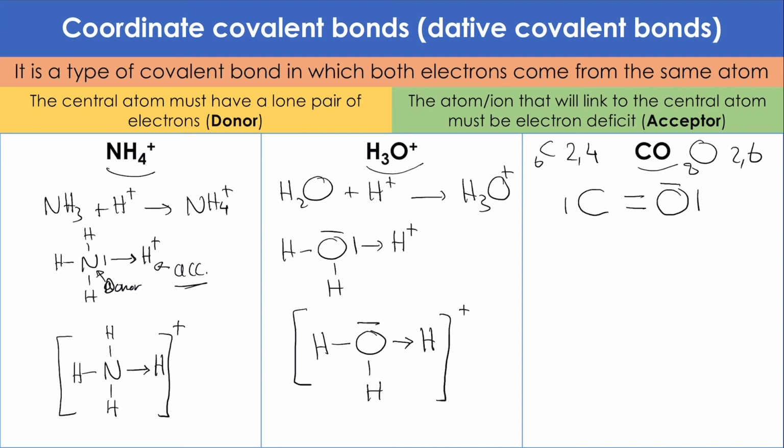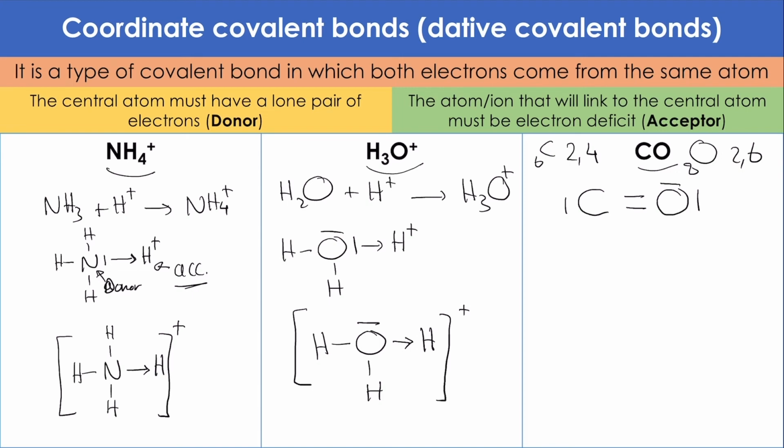Carbon will never be satisfied until it shares 4 electrons with another atom. We shouldn't say gain, because it's not a gain and loss here.